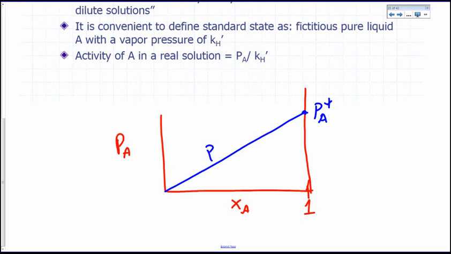If it obeys Raoult's law, then P sub A equals P sub A star times X sub A. It turns out that at very dilute solutions, we're dealing here with dilute solutions right here, if you were to plot P sub A versus mole fraction of A, you're going to get either a positive deviation, where the slope is more positive, or a negative deviation.